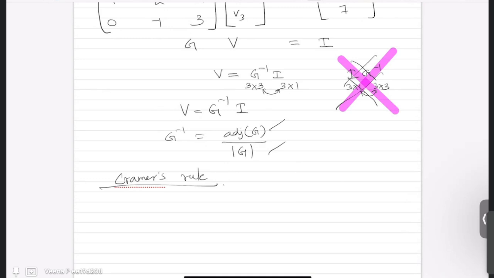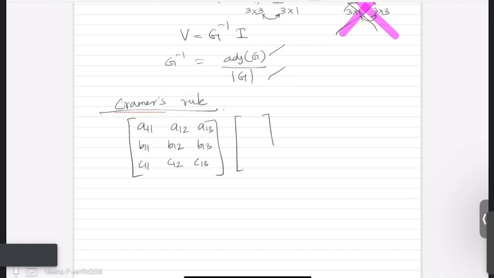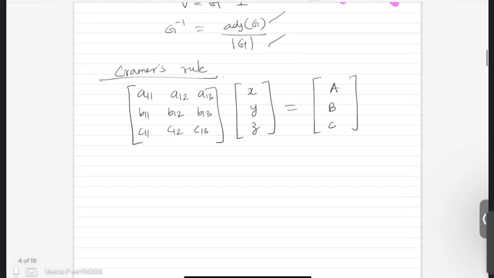Now, according to Cramer's rule, if you have a matrix, say A11, A12, A13, B11, B12, B13, C11, C12, C13 with X, Y, Z is equal to A, B, C. If this is of the form, then your X corresponds to this column.